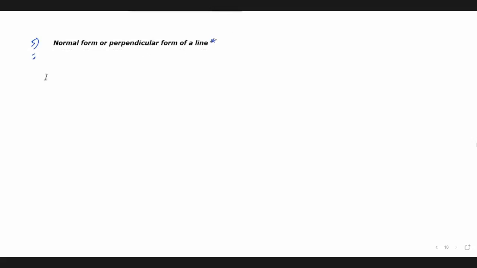And how many forms of a line have we learned today? First was the slope intercept form. Second was the point slope form.